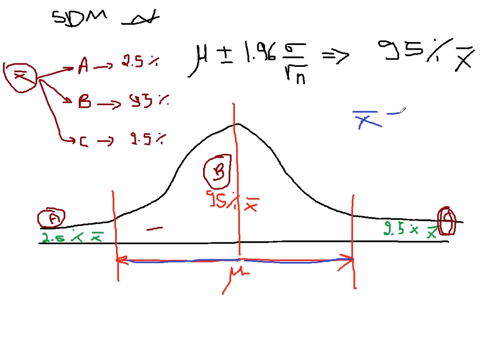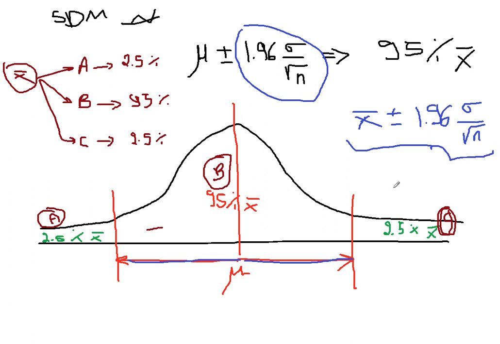So I take an X bar and I add to it and I subtract from it 1.96 sigma over root n. And the question becomes, if I do that, will mu be inside this fence that I created, or will it not be inside that fence? This is the idea.